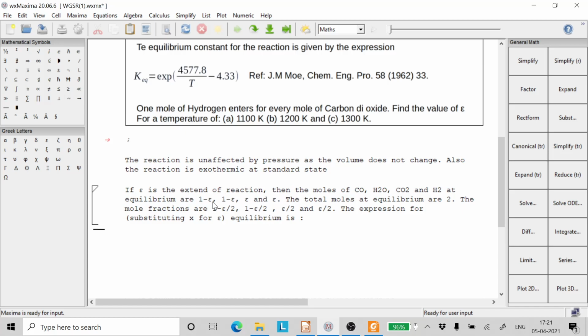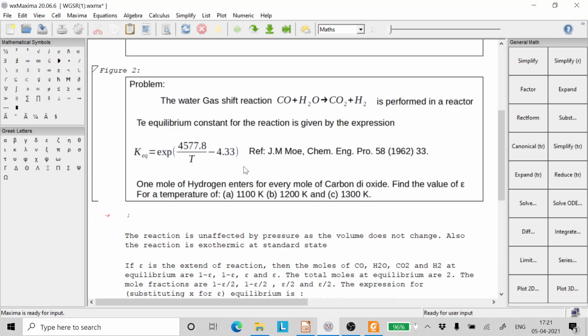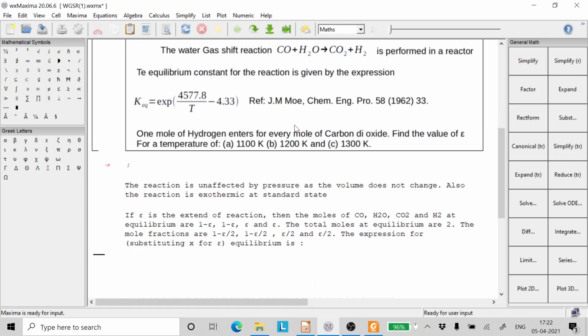The moles at the end of the reaction or at equilibrium is going to be the moles fed plus the stoichiometric coefficient multiplied by the epsilon. The stoichiometric coefficient, as you can see, for the reactants is minus 1, and for the products is 1 and 1. Mind you, no carbon dioxide and hydrogen was fed.